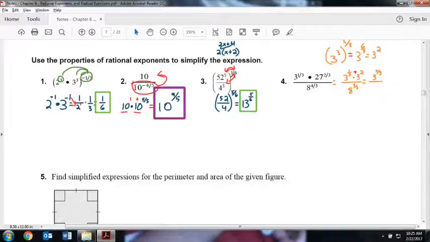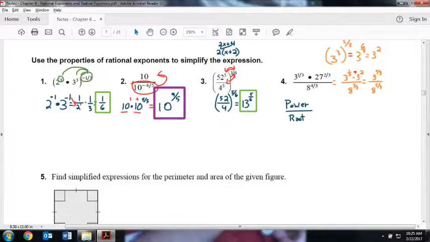So that's 7/3. And divided by, the other thing I'm going to do is that 8 in the bottom, the 8 to the 4/3. Remember, for all fractional exponents, the top number is the power. The bottom number is the root.